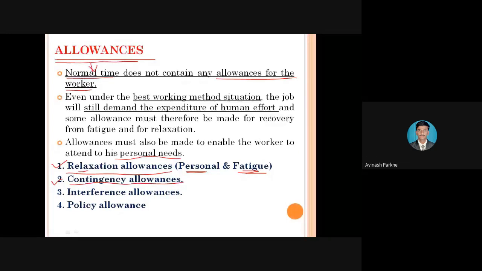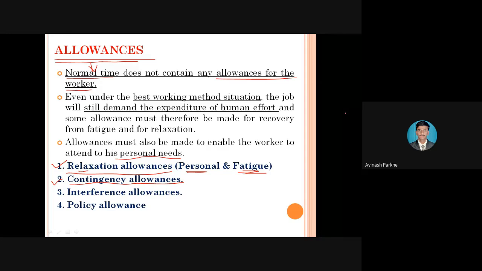For example, you have to complete your work within 2 hours. In that, 1 hour and 30 minutes is assigned only for working on that particular machine. This is your normal time, in which you only perform the operation, and the remaining 30 minutes are given for different types of allowances.